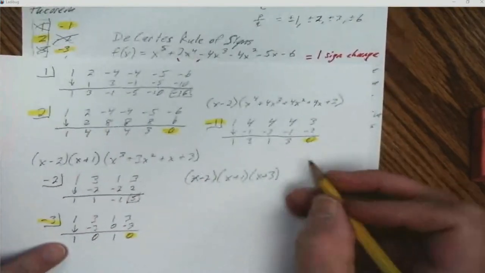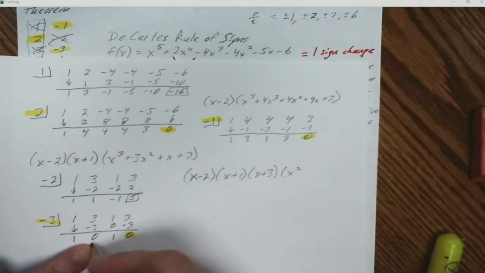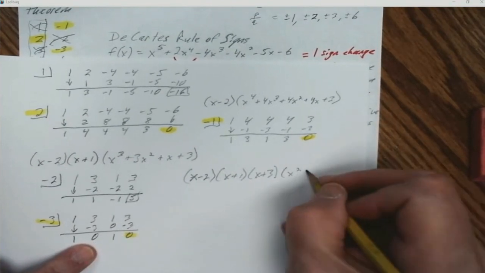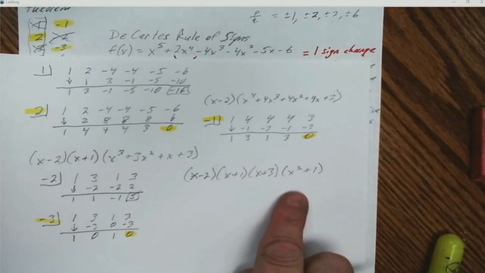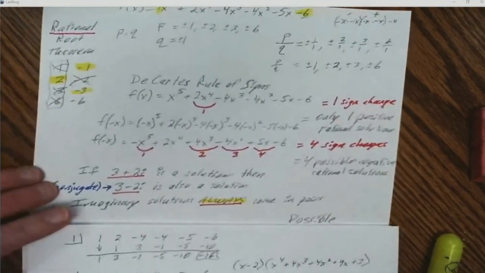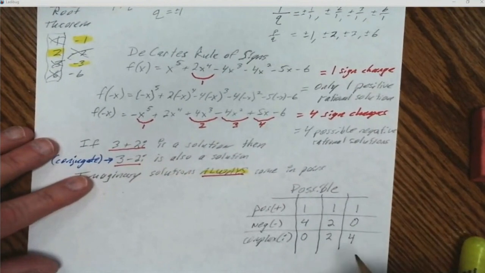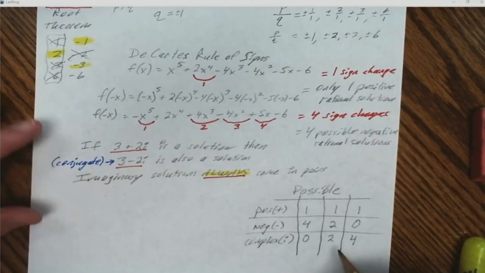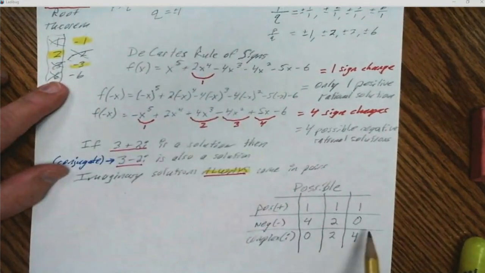And what's left? X squared plus 1. Do we need to check -6? This says no. Because if -6 was a solution, that means there would be 3 negatives. 3 negatives is not possible.